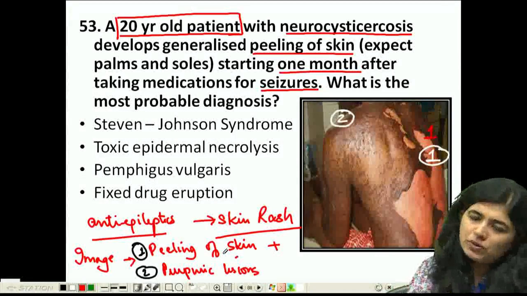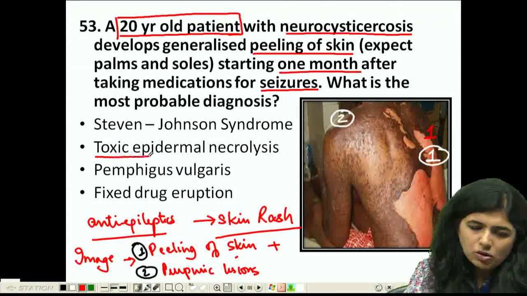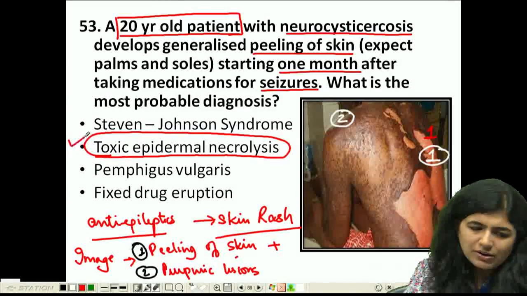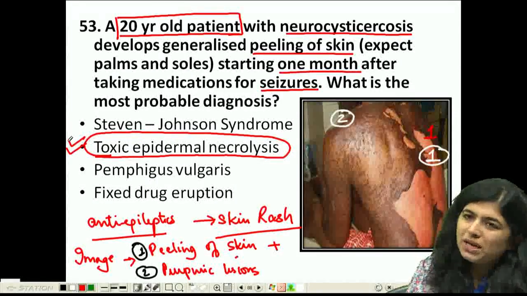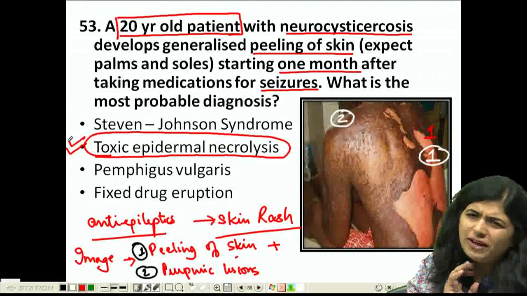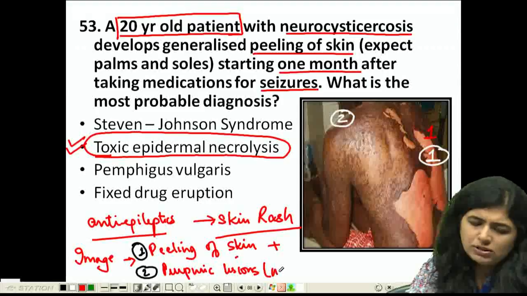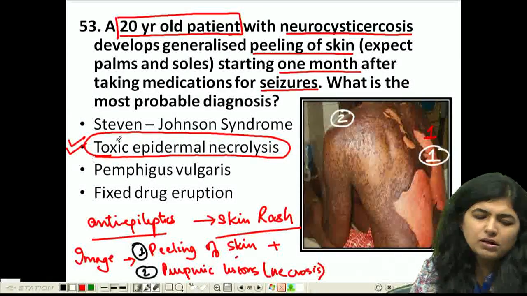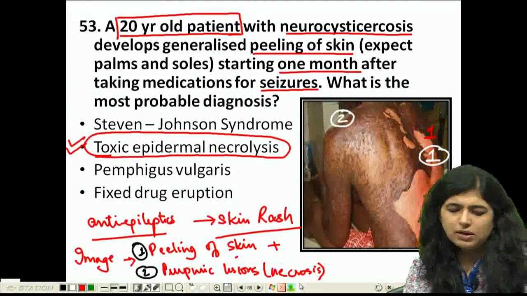There is absolutely no doubt in diagnosis. It is toxic epidermal necrolysis. It is a drug rash that the question is talking about. The image shows peeling of skin in sheets with widespread necrosis which looks purple. These purpuric lesions are actually necrotic skin. Diagnosis, toxic epidermal necrolysis.